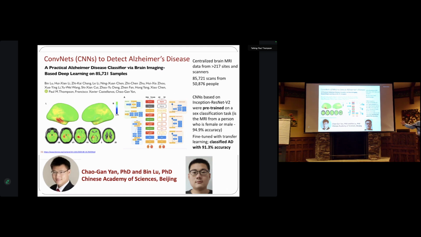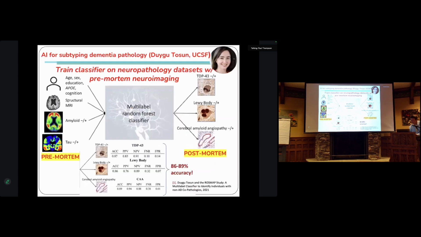So how does that work? It's kind of an interesting thing. The other way it can work is AI can be used for subtyping dementia pathology. I can see this person has dementia, my memory has declined, but I don't know whether it's due to amyloid or vascular disease, and the treatments for those are different, or maybe it's some other thing. So Guga Toastman has trained classifiers on neuropathology data sets from people that donated their brain to science but were scanned before they died.